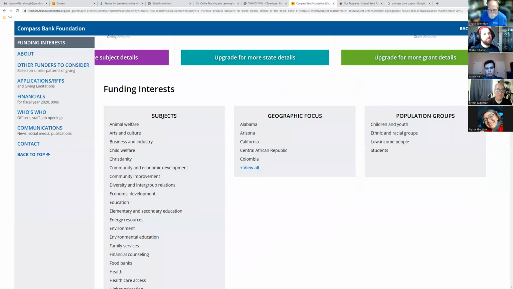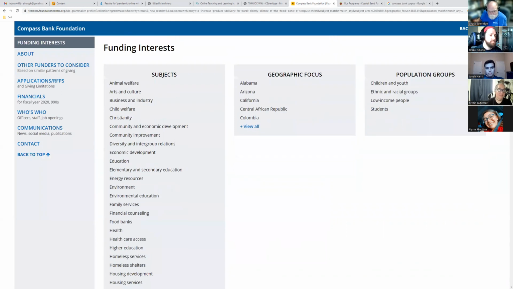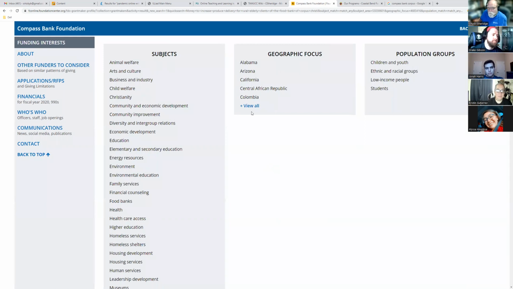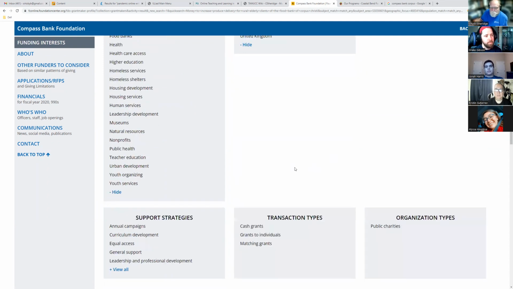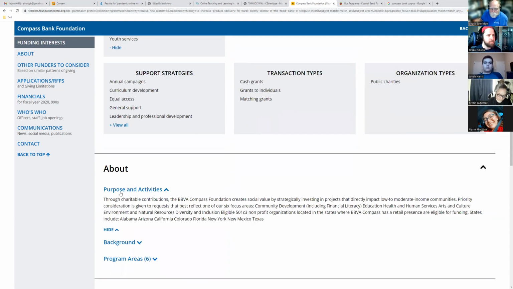So they do food banks, human services. They give in all these places, including Texas. Children and youth, racial groups, low income people. Cash grants. Through charitable contributions, the foundation creates social value by investing in projects that directly impact low to moderate income communities.